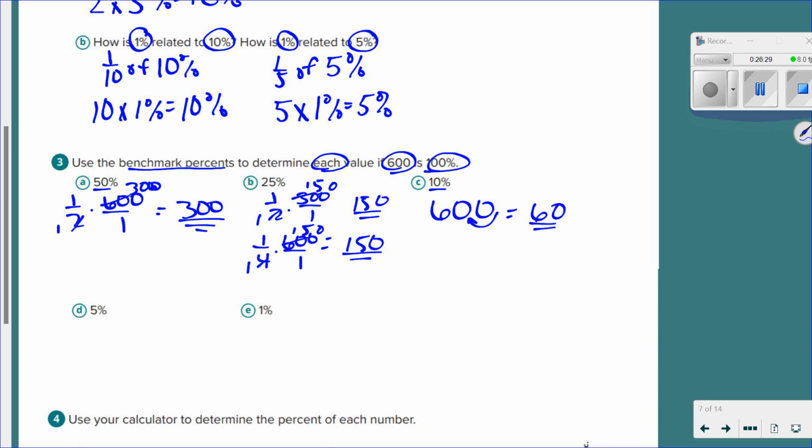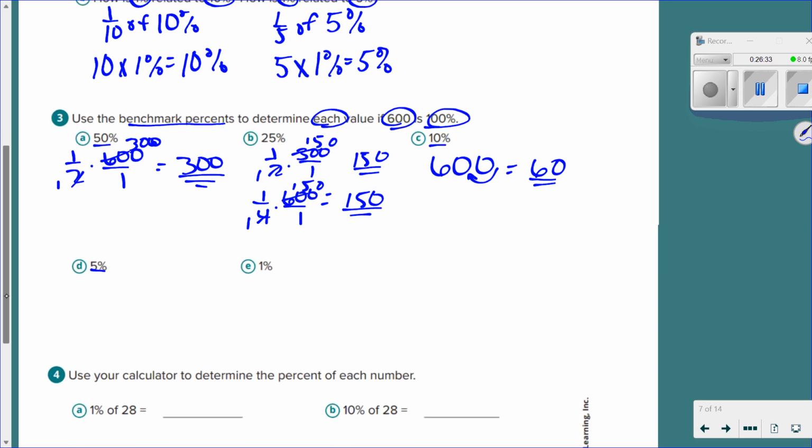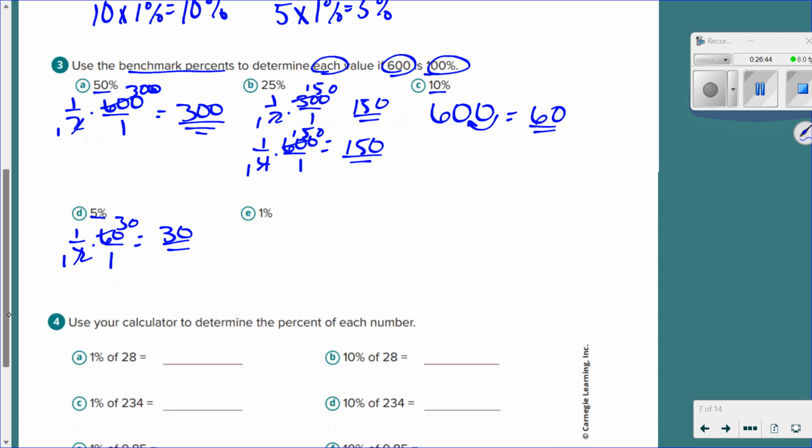Now that I have 10%, what's the relationship to 5%? It's half. So all I'm going to do is I'm going to take half of 60. So it tells me that one is 30. Could I go back to my original? Yes, I could do 1/20 of 600.